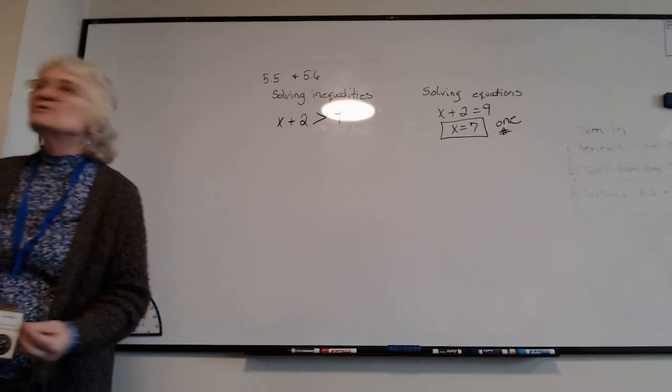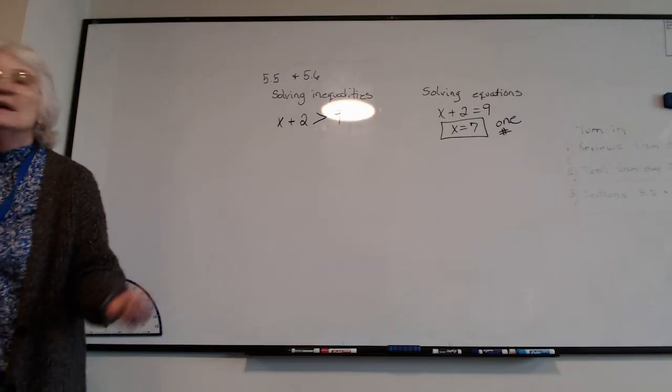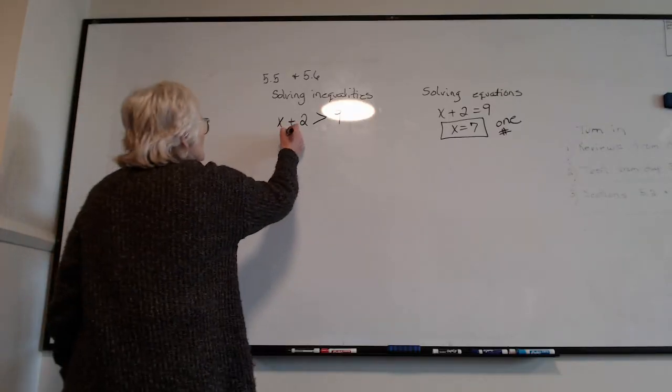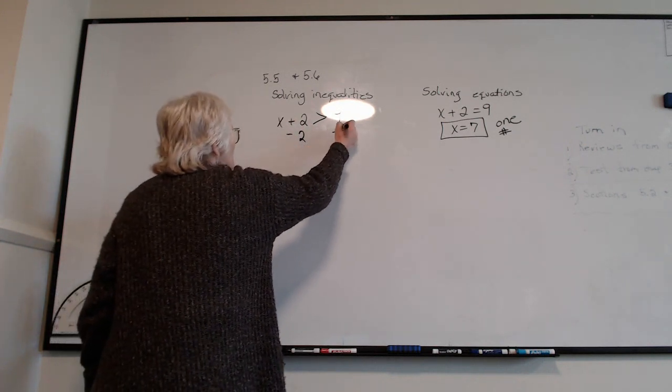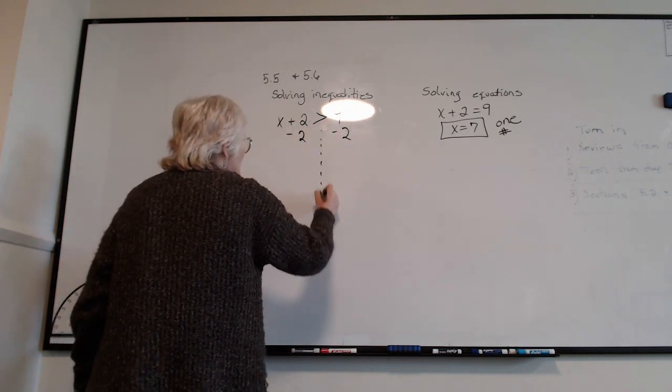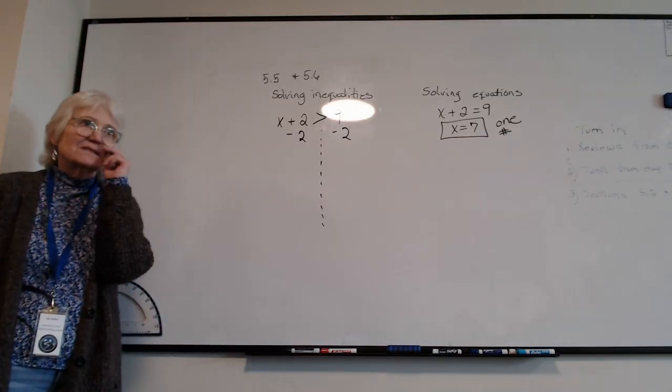We are going to still do the opposite, even though it's an inequality sign. So here I would subtract 2, so I can get x by itself. Subtract 2 here, instead of the equation being where it separates, the inequality is.